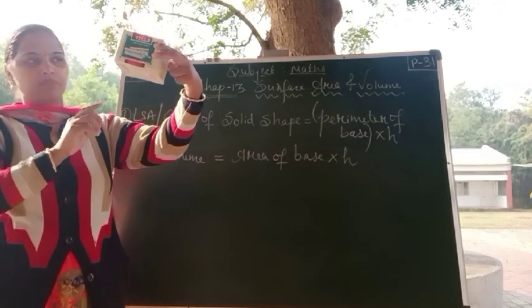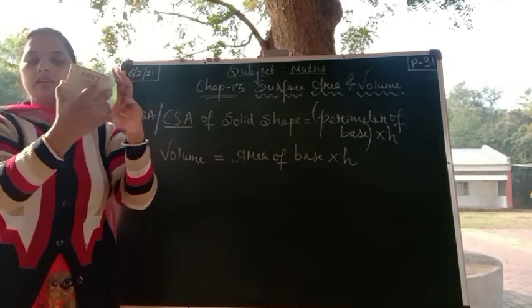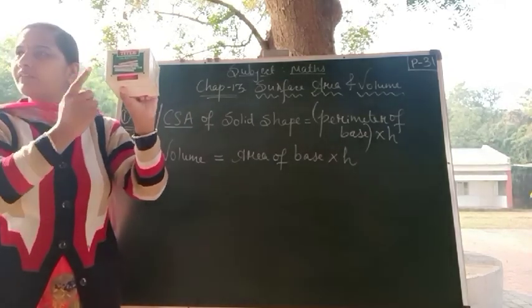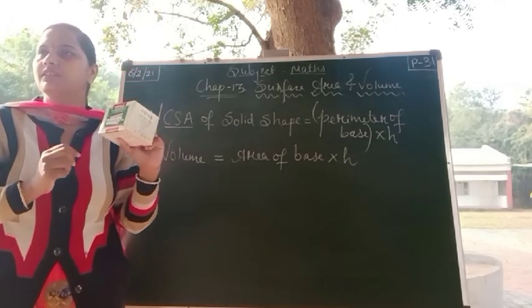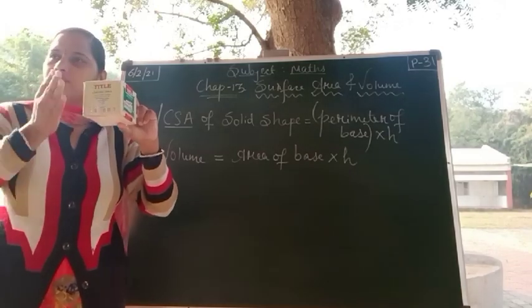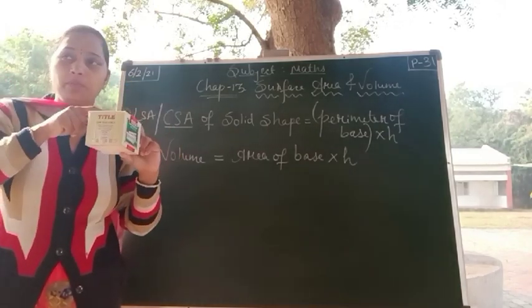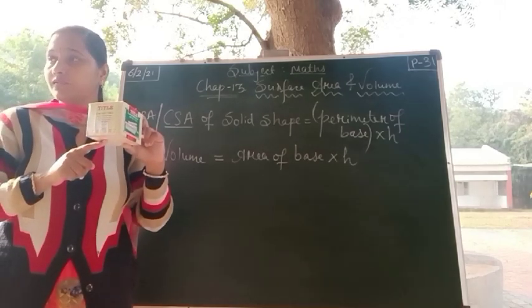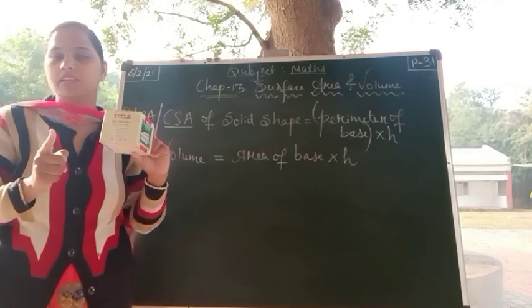Let us check: 1, 2, 3 and 4. The surrounding has 4 surfaces. These 4 surrounding surfaces are known as lateral surface area. And this is the top one, this is the bottom one. The surface area excluding the top and bottom is known as lateral surface area.